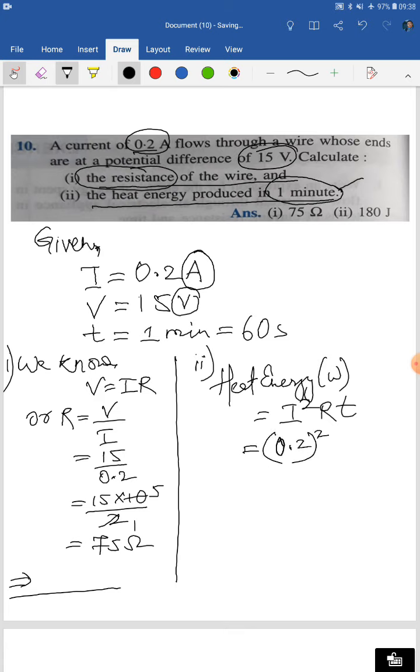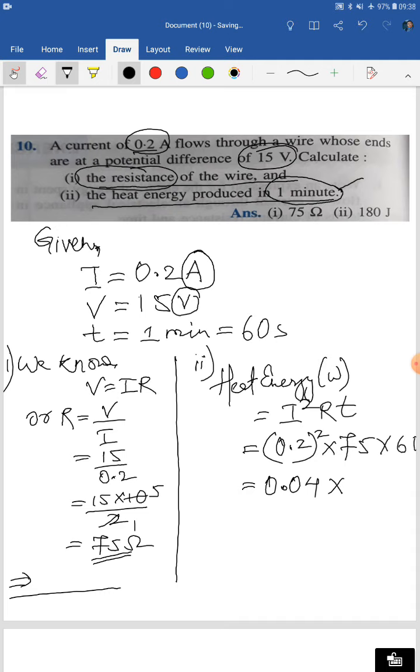So 0.2 square into resistance. R is resistance, the one that you have calculated in number 1. So multiplied by 75 into the time mentioned here, which is 60 seconds. So when you multiply this, 0.2 square is 0.04, into 75 into 6.